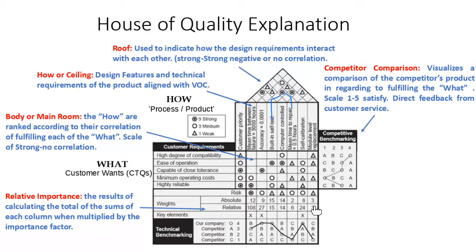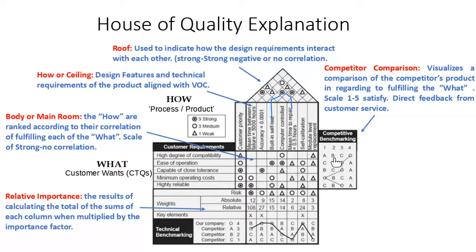Okay, what about this side? Before we move on to this, we have to explain this side, the competitive benchmarking. Here, as I told you, this gives you the ability to look at the market and see where you are standing compared to your competitors. The scale here from 1 to 4 means from low to high, from weak to strong.